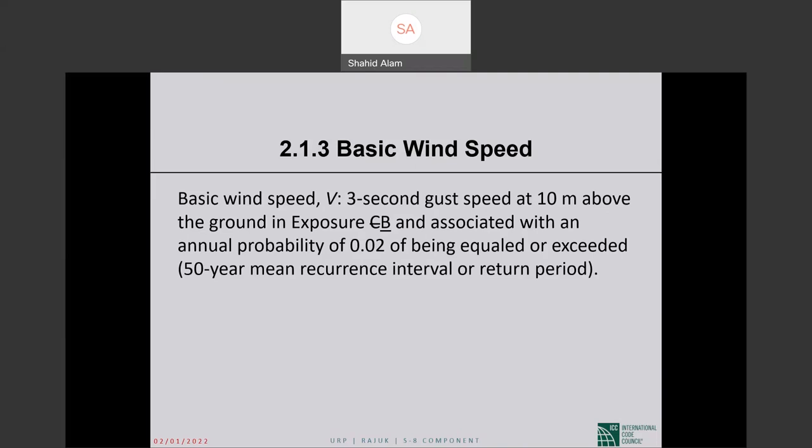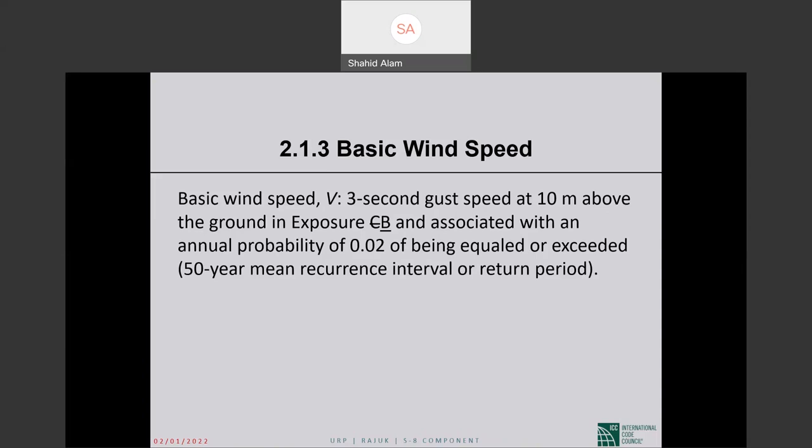This process goes on for a year or longer, and then they take the highest 3-second average as the 3-second gust speed. Okay. Bangladesh, the process that was gone through, I don't quite know, but it will be something similar. The Meteorological Survey of Bangladesh must have done something very similar. Okay. So 3-second gust speed.